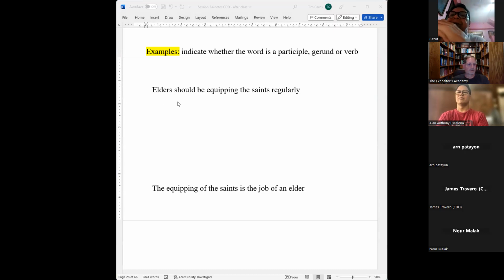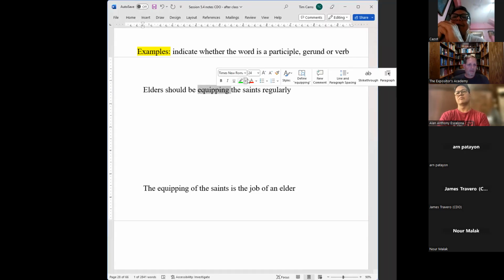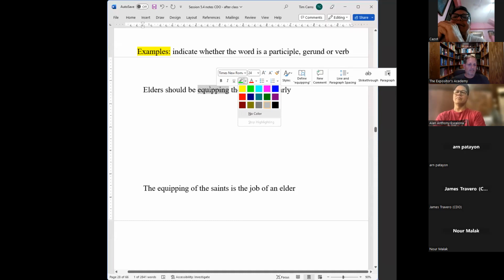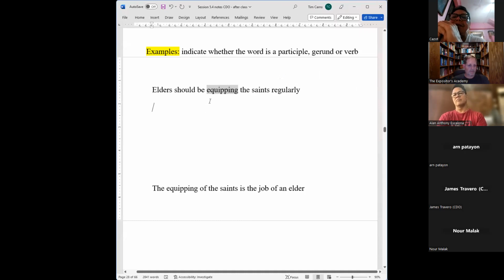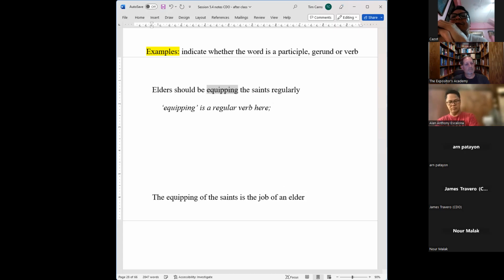It is not a participle. Okay, what's the word we're looking at? Equipping. Okay, so you're saying it's not a participle. What is it? And how do you know? It is a regular verb. How do you know that? Subject, verb. Yeah, remember, what are the two things to look for if it acts as a modifier?